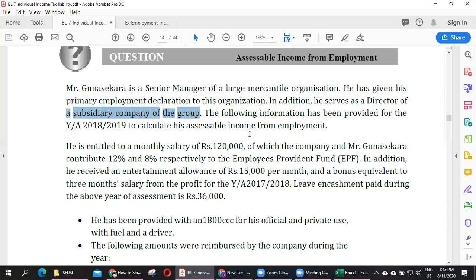The following information has been provided for the year of assessment 2018-19. The important thing is we have to note the year of assessment 2018-19 to calculate his assessable income.